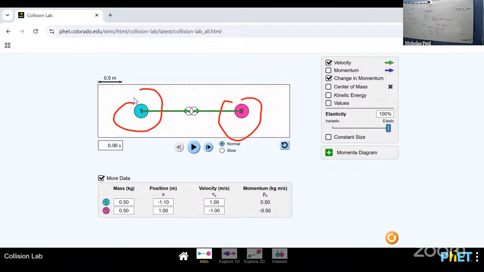What is the momentum of the teal collider? Work out the momentum of the teal and work out the momentum of the pink. Tell me what you get. You can do it mentally.